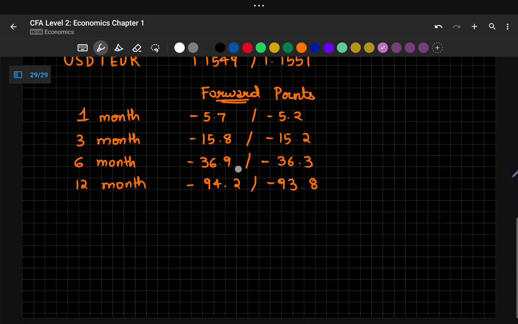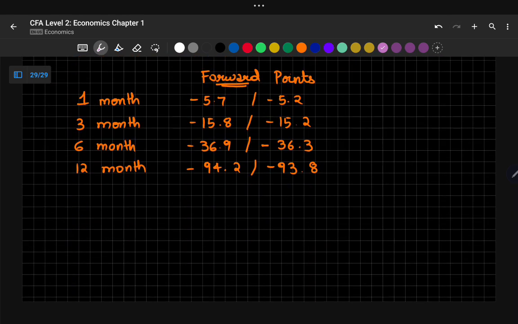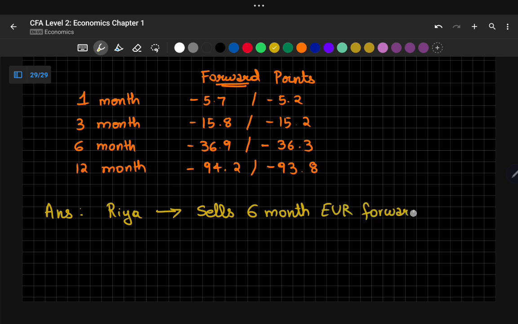So the first thing that we'll do is, what is the requirement over here? The requirement is that Ria wants to sell a 6-month euro forward contract.